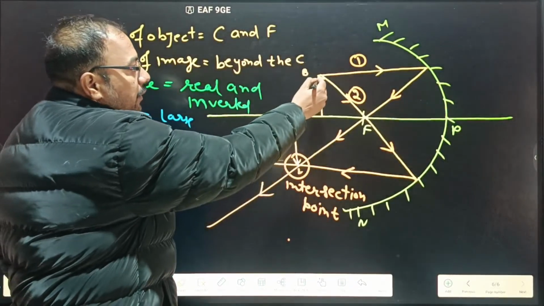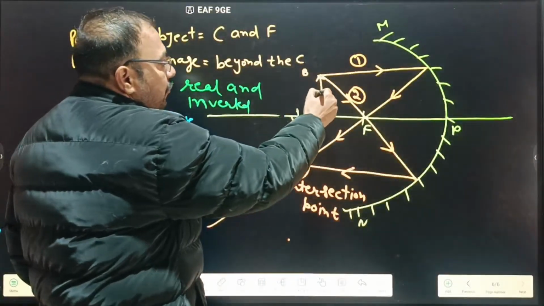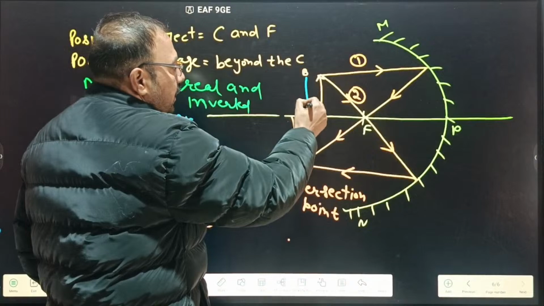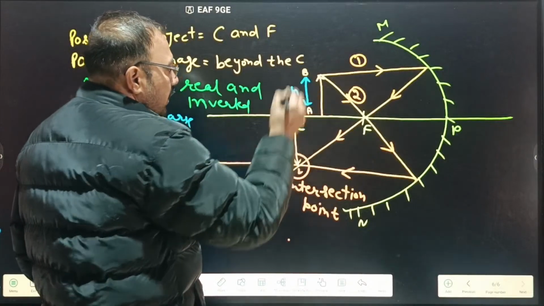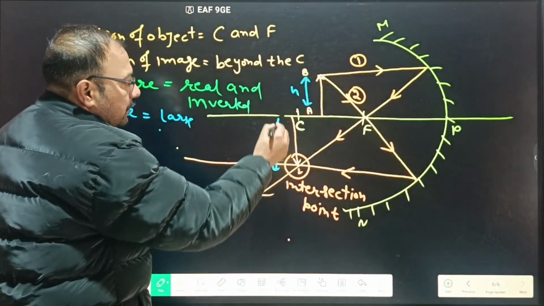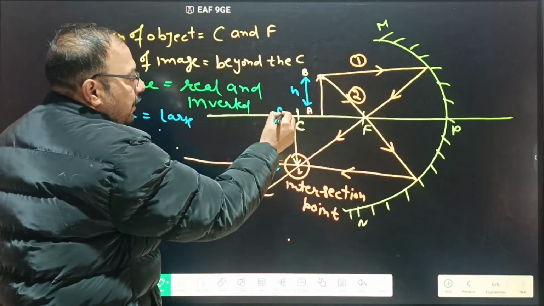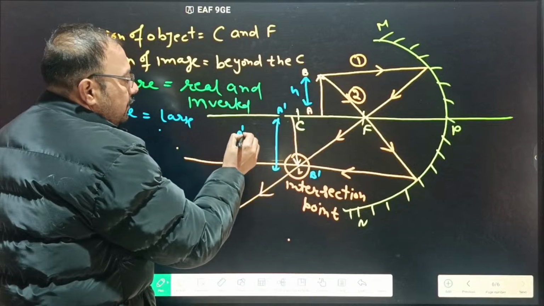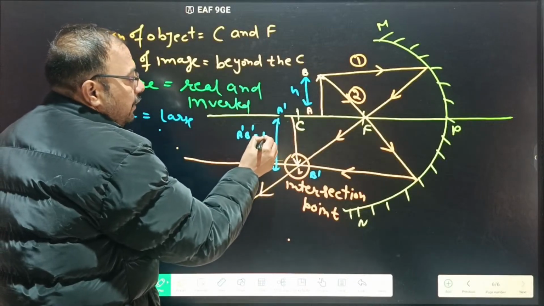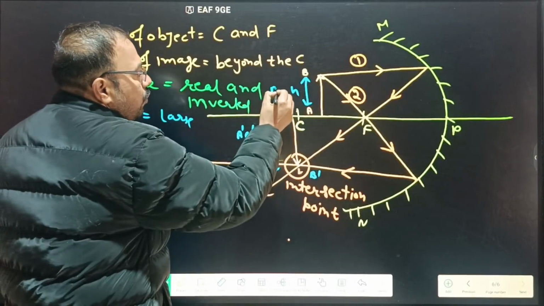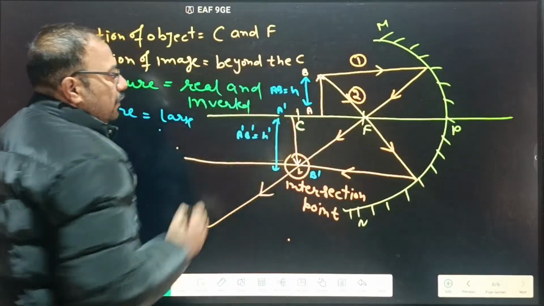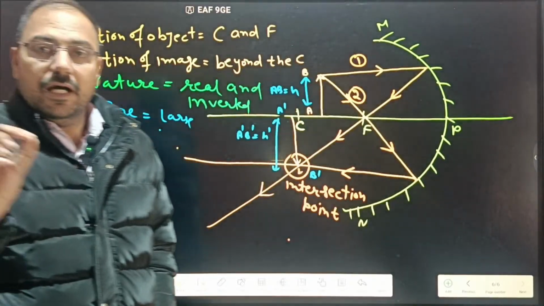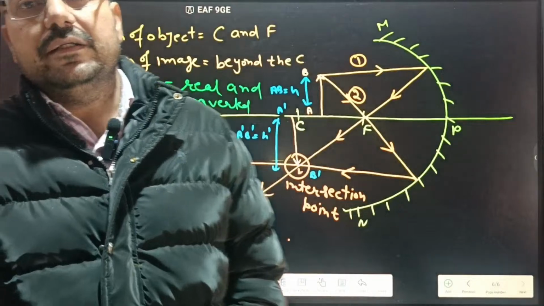If you compare this size and this size, for example, this size AB, so this size is H, and this size is A dash B dash. So A dash B dash is equal to H dash, and this is equal to AB. So here H dash is large as compared to the object size.